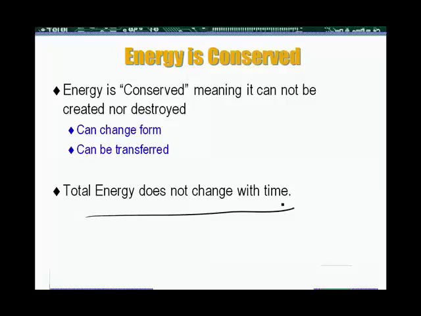Now, total energy is a general term. It involves all types of energy, making it quite complex. To account for total energy becomes very intricate, especially in dealing with motion. The situation can become quite difficult and quite tricky.